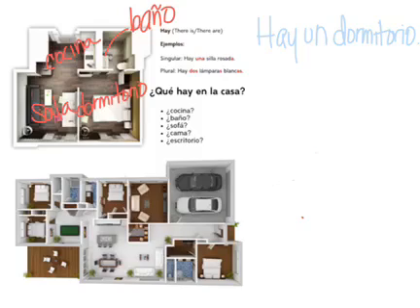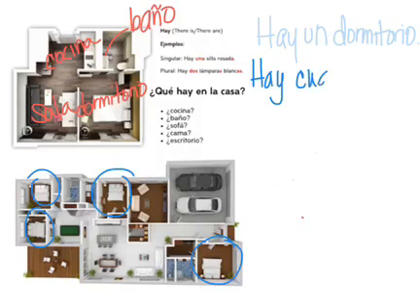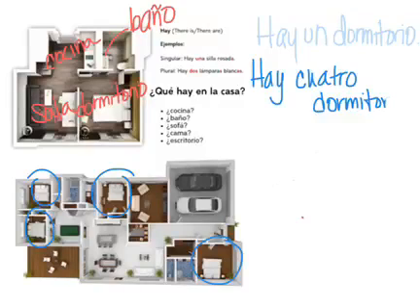But now below, I can see 1, 2, 3, 4. I don't think I'm missing any. I think there's 4. So I'm going to say hay 4 dormitorios. Since there's more than one, just like in English, I'm putting the S at the end. There are 4 bedrooms.